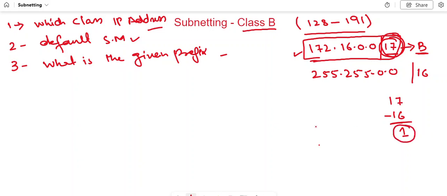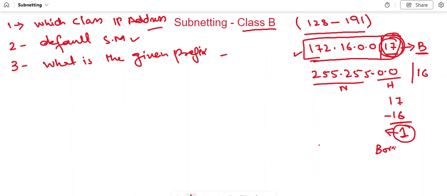So this 1 means that this bit we have borrowed from the host portion. This is the network portion and this is the host portion. So the value that we got from the given prefix, when we subtracted the default prefix from it, means that we have borrowed 1 bit.